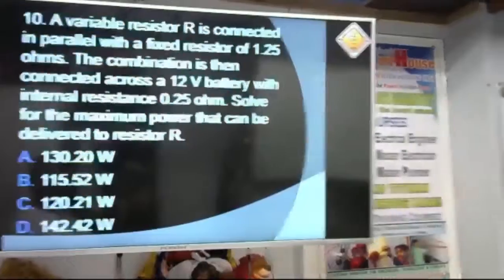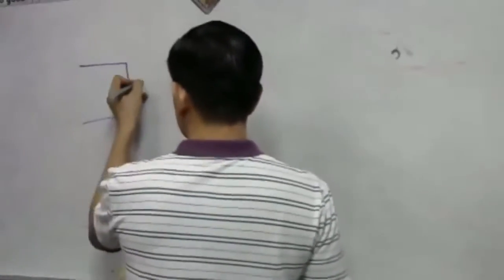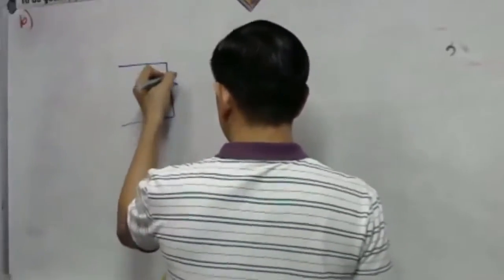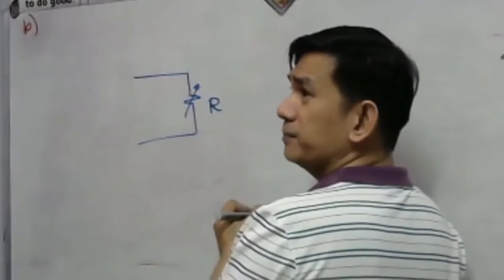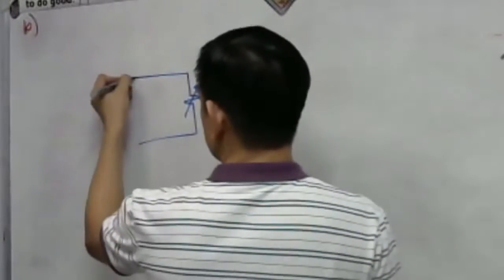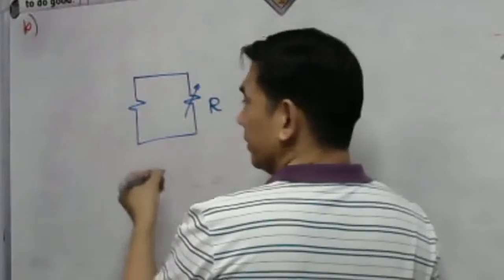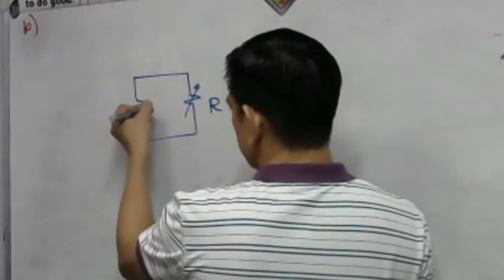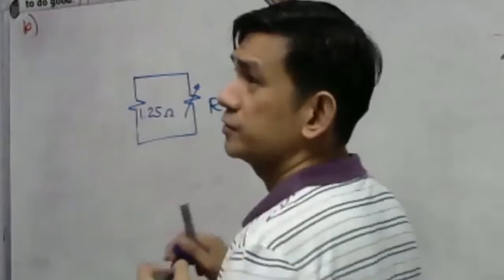Okay, so let's say we have a variable resistor R here. It's connected in parallel with a fixed resistor. So our fixed resistor is 1.25 ohms.